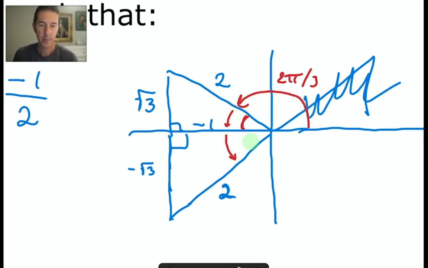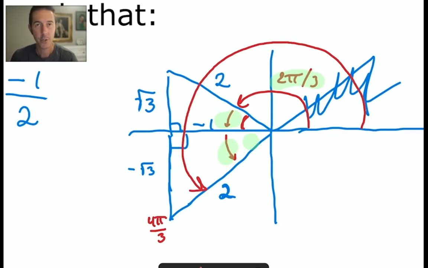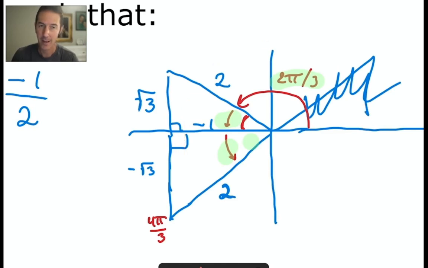Regardless, 2 pi over 3 plus pi over 3 plus pi over 3 equals 4 pi over 3. That amount of rotation is 4 pi over 3 radians. So the second answer to this question is 4 pi over 3.